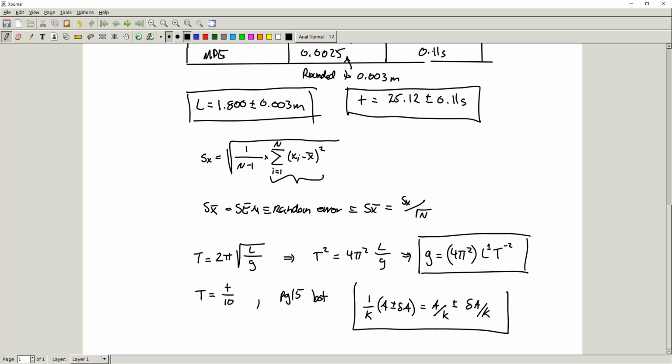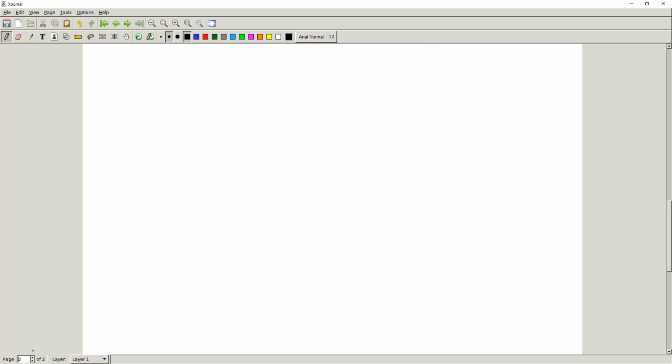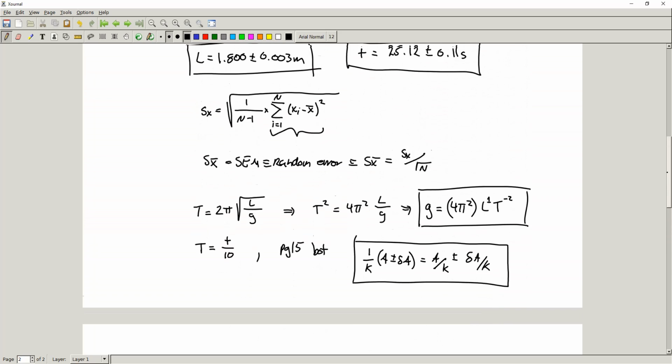So this is a fancy way of saying that we just divide the error that we got also.